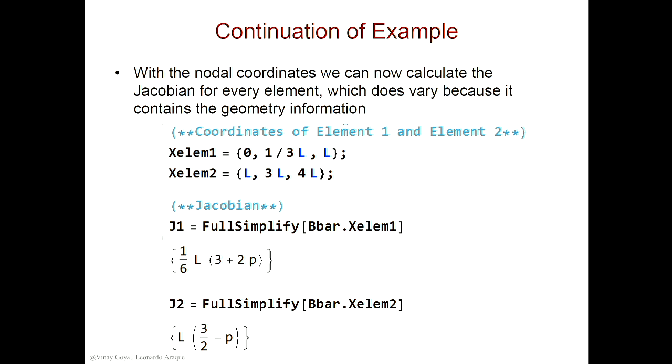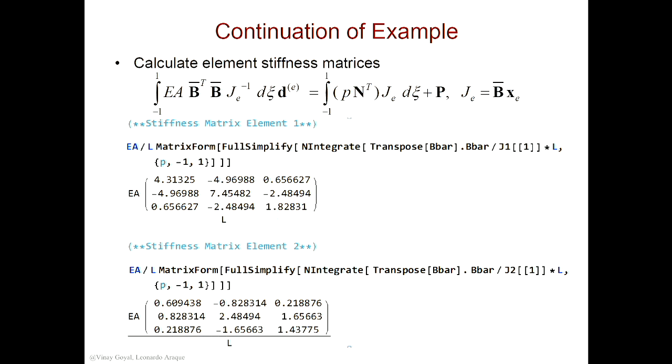Now, check this out. Jacobian 1 and Jacobian 2 are the only things that are different from one element to another. Everything else is the same. Shape functions, derivatives, integrals, minus 1 to 1. So let's look. For element 1, for stiffness matrix 1, I just did that calculation here in Mathematica. Transpose of b bar is this one.